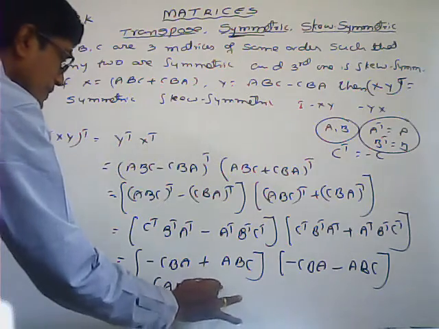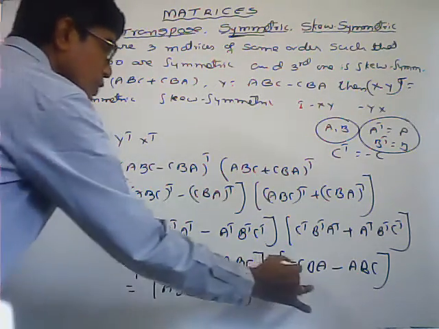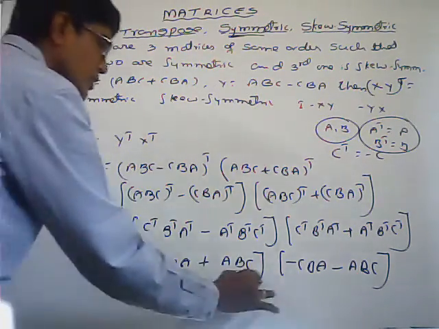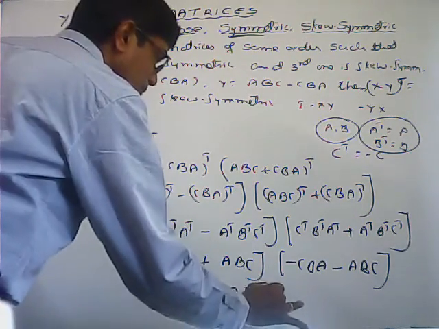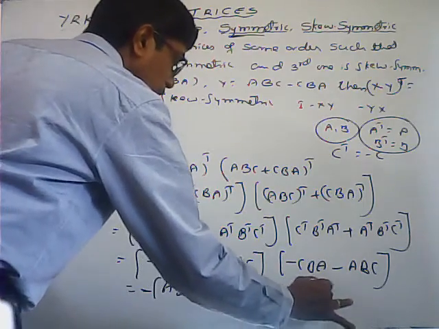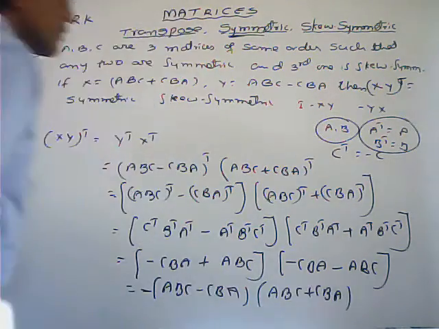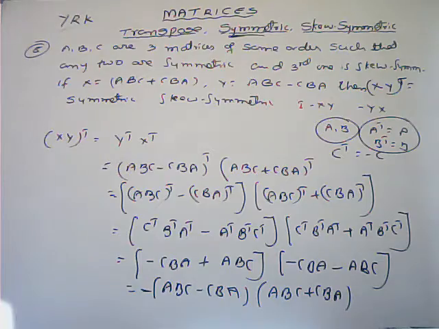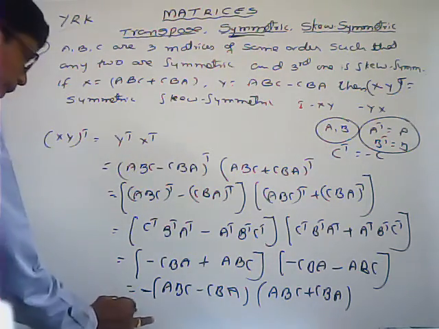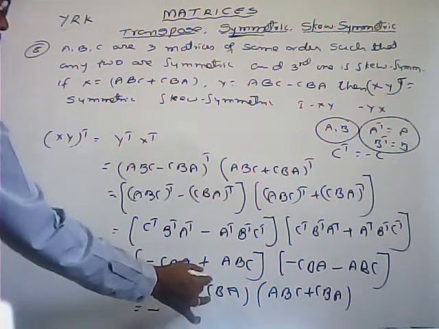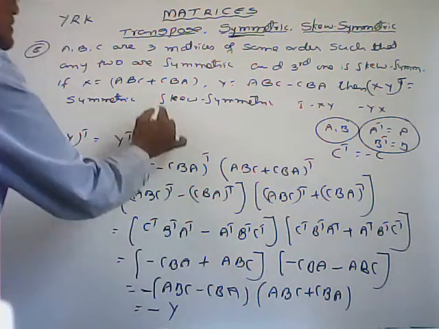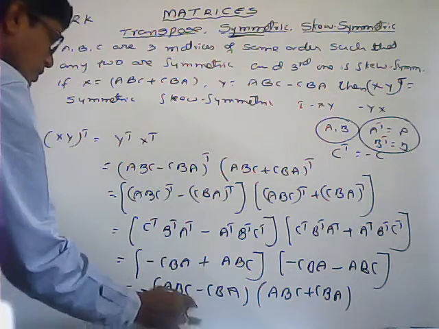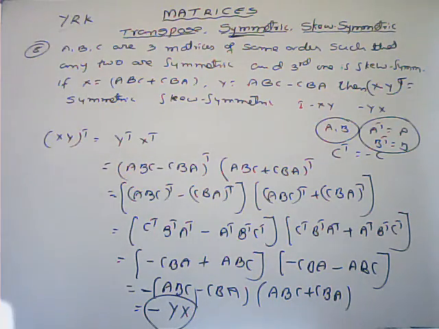From these two terms I am taking minus as common, so positive terms become negative and negative terms become positive: ABC plus CBA. A plus B equals B plus A, addition of matrices is commutative only. Now minus, what about ABC minus CBA? That is Y, and ABC plus CBA is equal to X. So (XY) whole transpose is equal to minus YX.